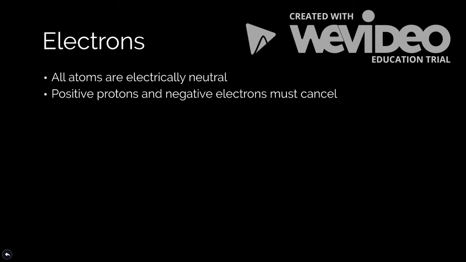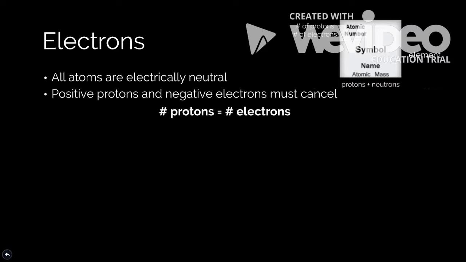Because they match up, they cancel out each other perfectly, because in a neutral atom, the number of protons is the same as the number of electrons. This is why, when I said earlier that our atomic number tells us the number of protons, it also tells you the number of electrons, because in order to be balanced and electrically neutral, these two numbers always have to be the same.